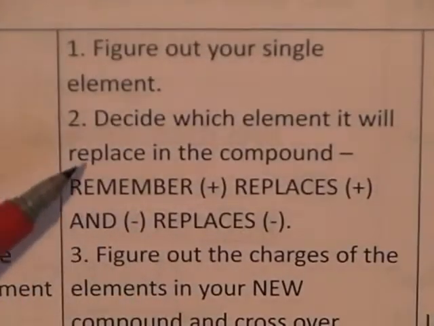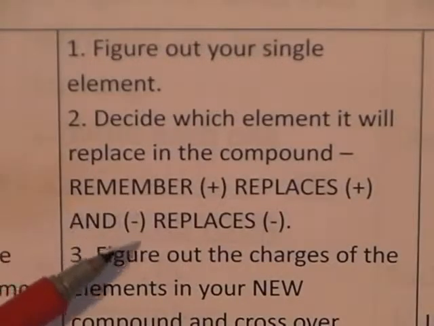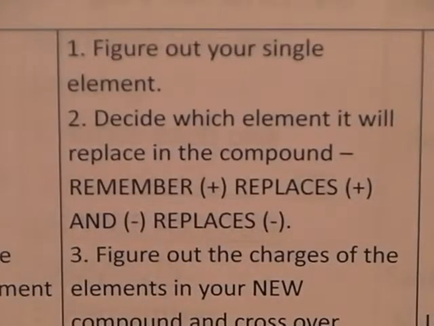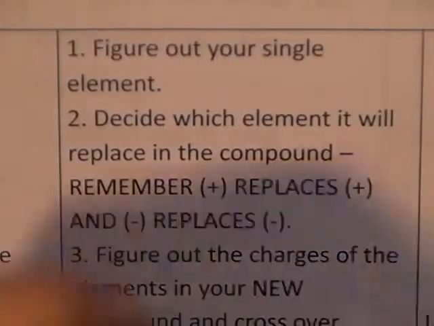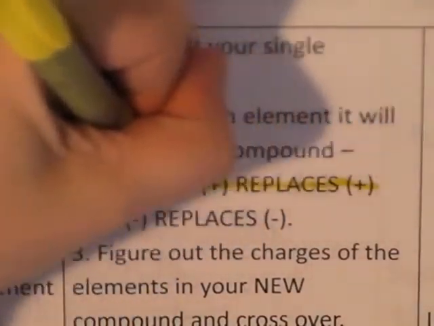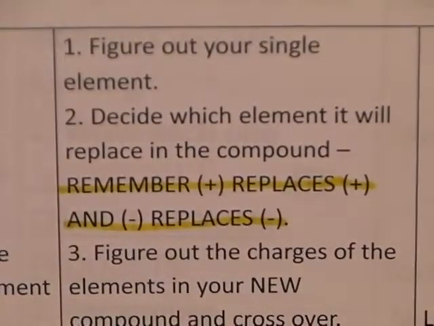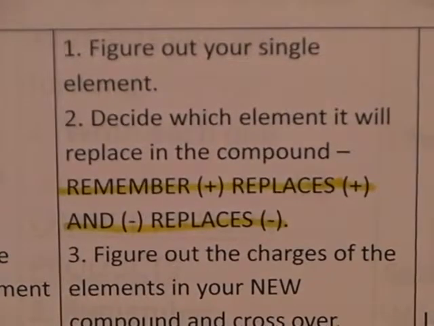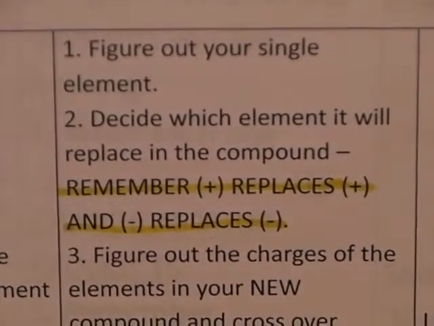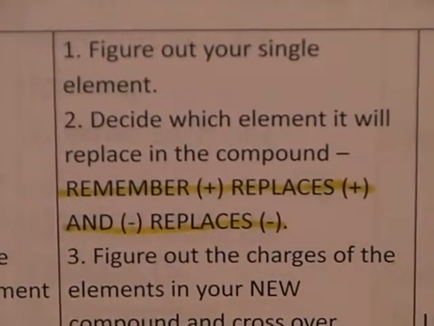Decide which element it will replace in the compound, and this right here is your key to success. Remember, positive replaces positive, negative replaces negative. Okay, so that's based on the charges that they are going to form. That's the only way for you to know who's going to replace who.